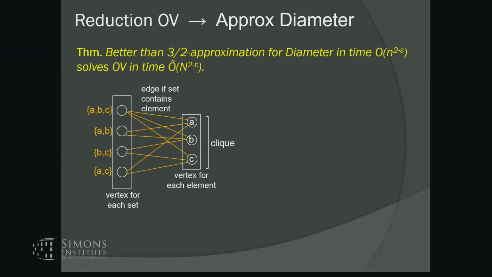Okay, so here's the construction. We're given an instance of OV, which is a collection of subsets of a universe of size log n. What we're going to do is create the following graph. There's a vertex for every element, that is to say every index of the vector. So this is like the ground set that we're picking from, A, B, C. And then there's also a vertex for every one of these sets, aka the vectors.